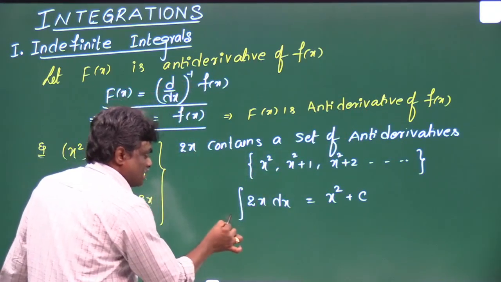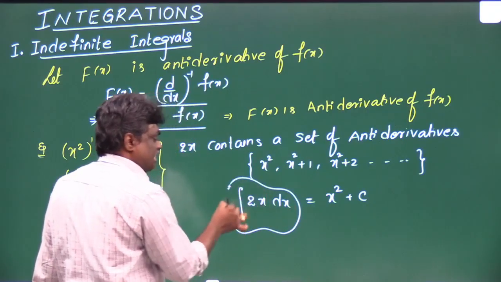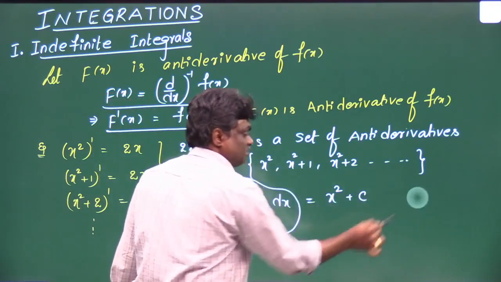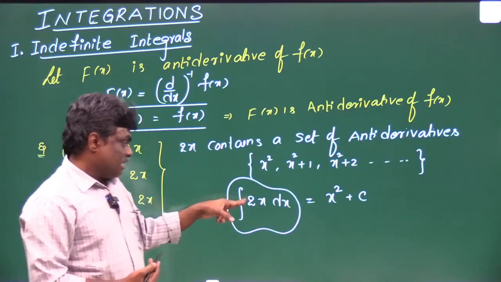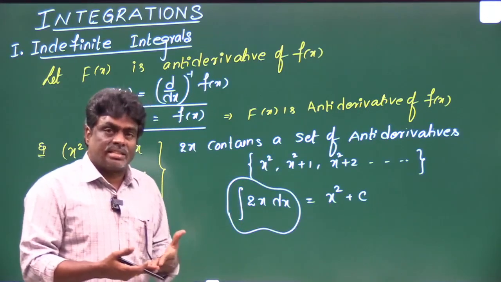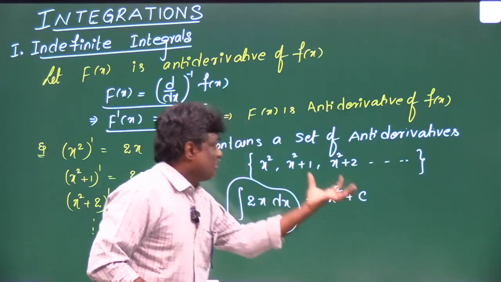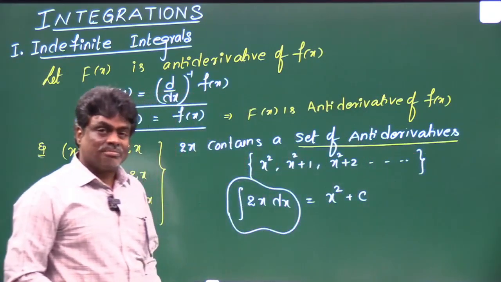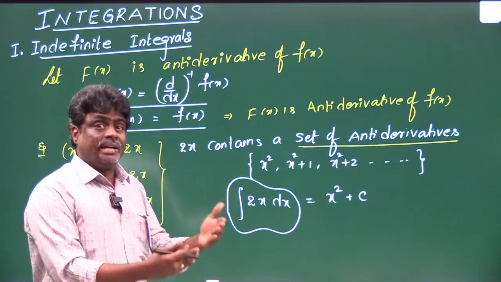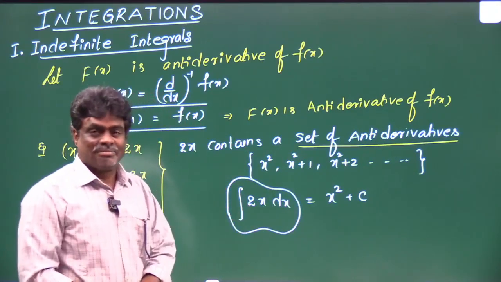Here 2x is the function that is called the integrand. The integral of 2x dx is giving a set of antiderivatives of the integrand.